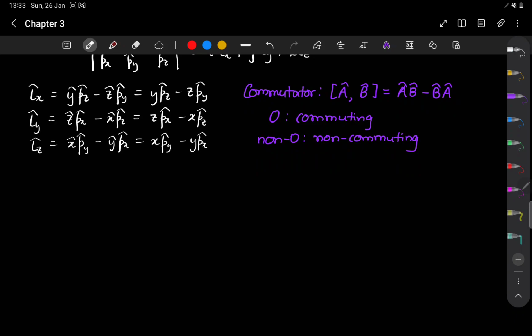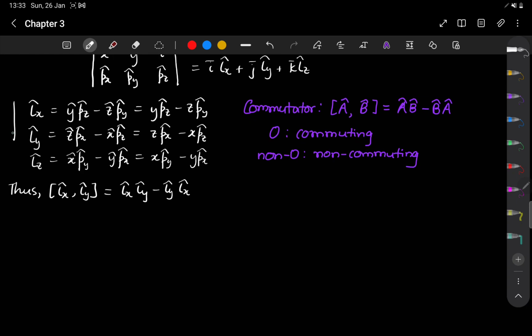Now let us write down this commutator that we need to find. We need to find this, and by definition this is Lx Ly minus Ly Lx, and using these from here, Lx and Ly, we can plug in the expressions and then we will get the following.